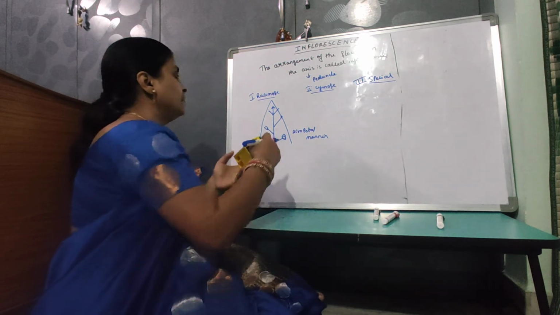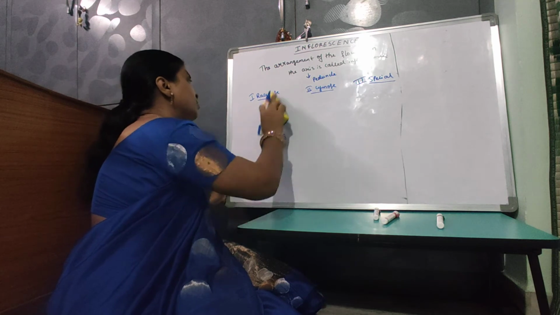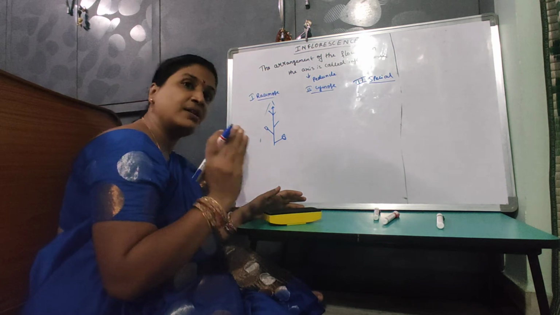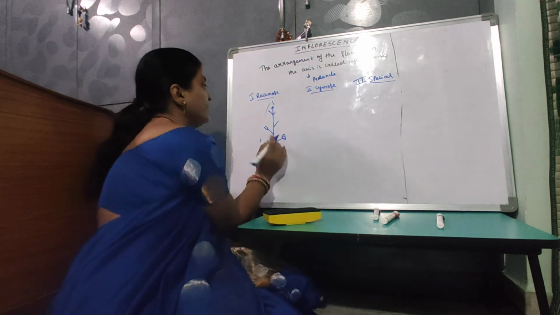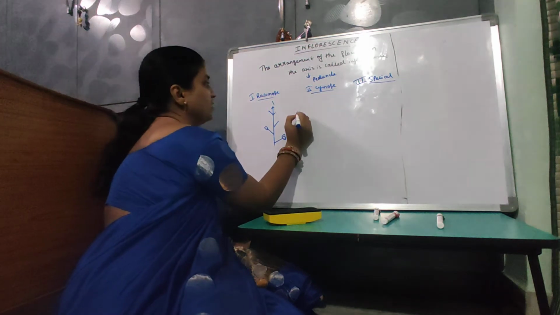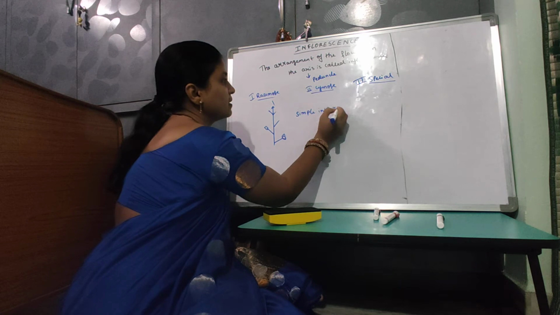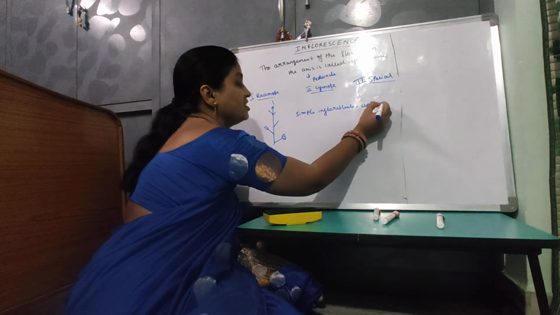Depending on the branching of the peduncle, the racemose or cymose inflorescence is of two types again: simple racemose inflorescence or simple cymose inflorescence, and compound.